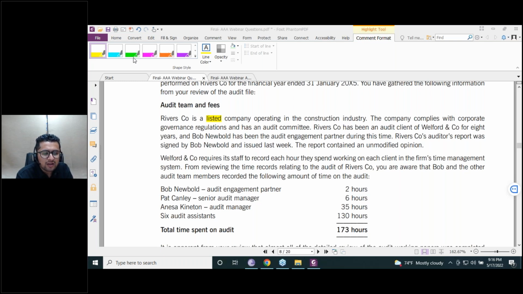Yes, that particular engagement partner, his name is Bob. He is there as an engagement partner for straight 8 years, which is not in line with the ethics standards board's guideline.